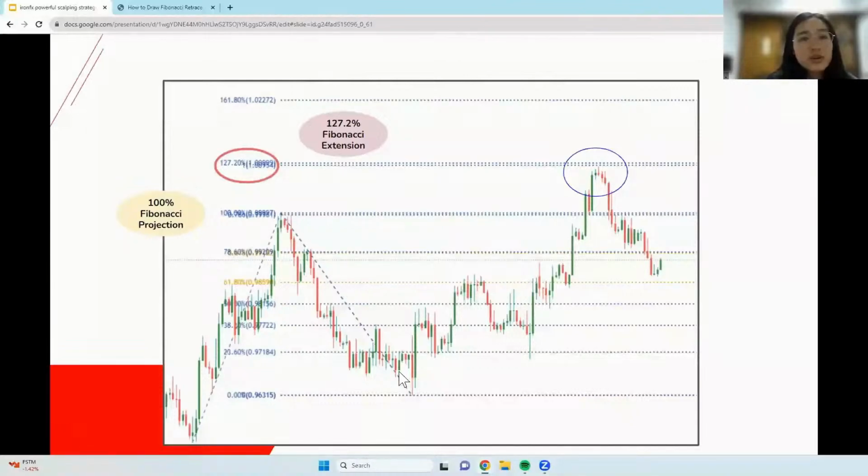You can see the 3 points once again is your projection. I think you guys can see the lightning bolt shape here. And then we use a 127.2% Fibonacci extension, so you can see the Nike tick shape. What we are looking for is basically levels that look like this, as long as you have two levels that line up nicely.